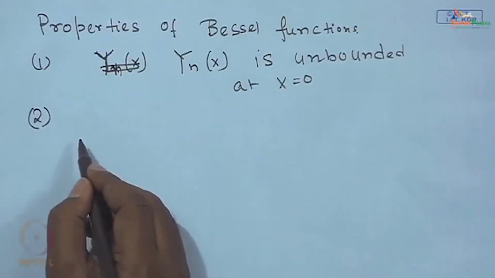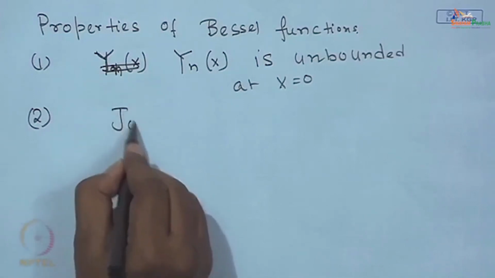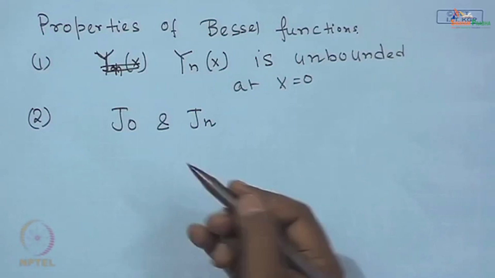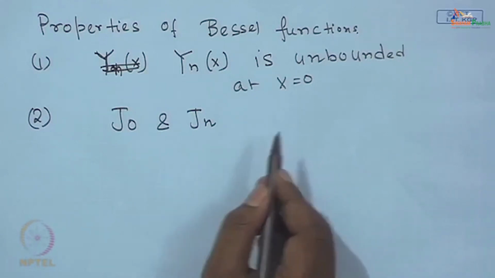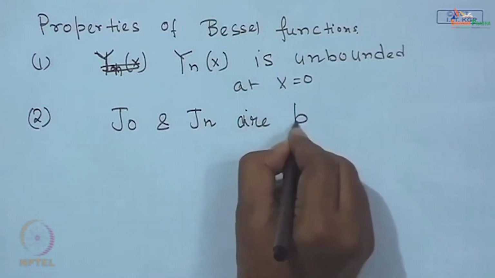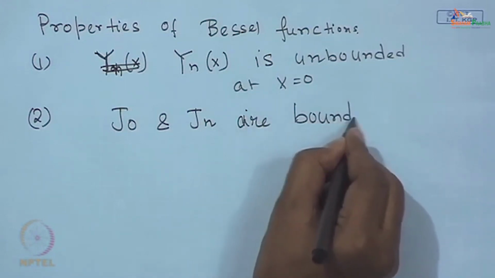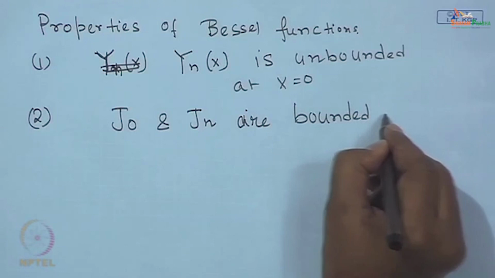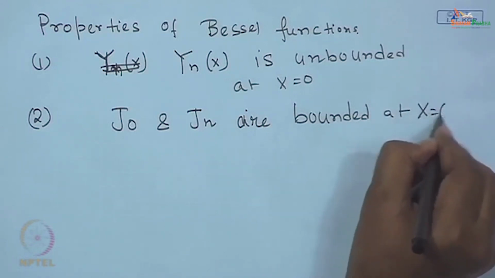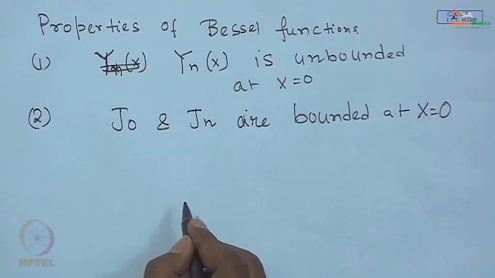Second important is that J 0 and J n for any n, 0, 1, 2, 3, they are bounded at x is equal to 0. That is quite important.